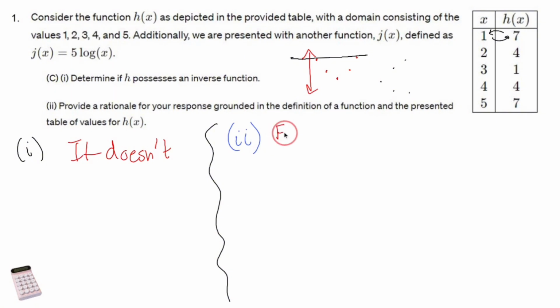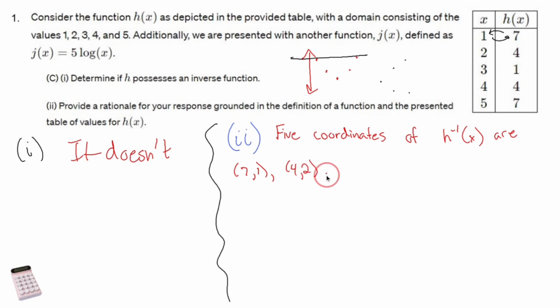I didn't like the word points last time, so I'll change it to 5 coordinates of H inverse of x are, and I'll write it out again: (7, 1), (4, 2), (1, 3), (4, 4), and (7, 5).